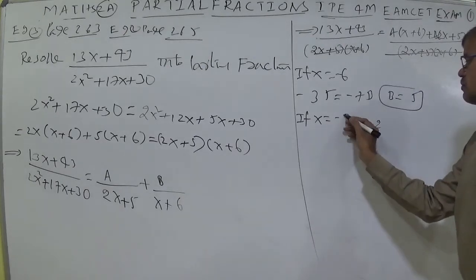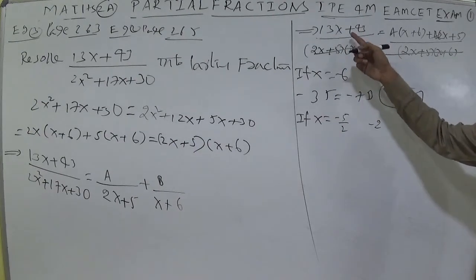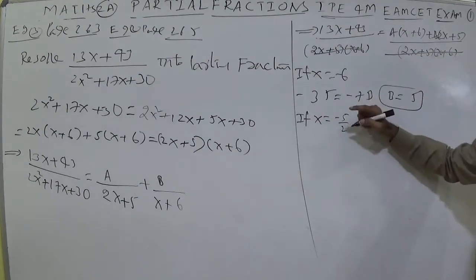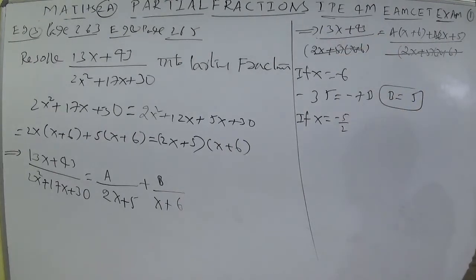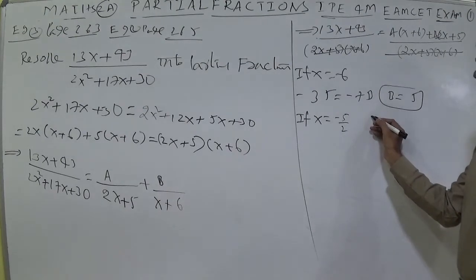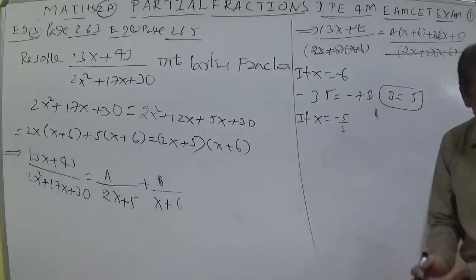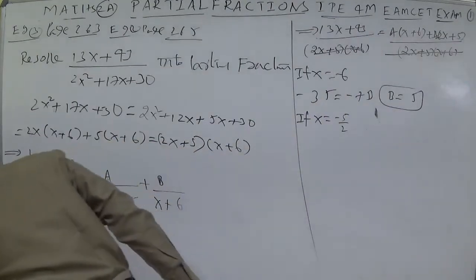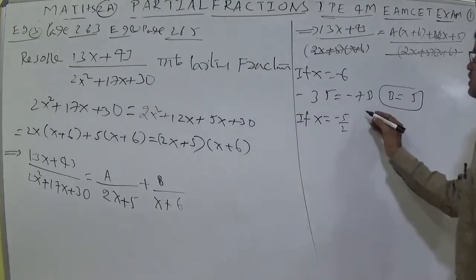Whenever x is equal to minus 5 by 2, 13 into minus 5 is minus 65, plus 2 into 43, which is 86. 86 minus 65 is 21.